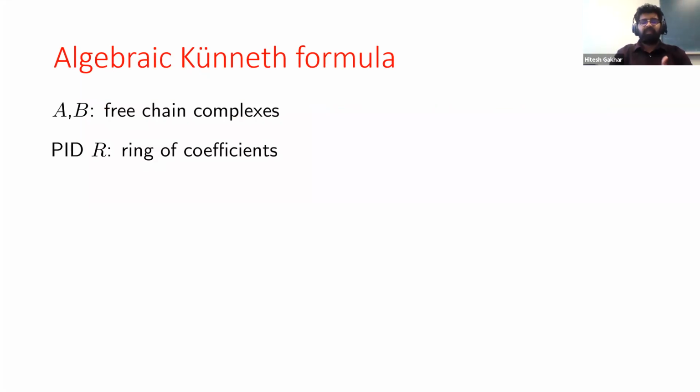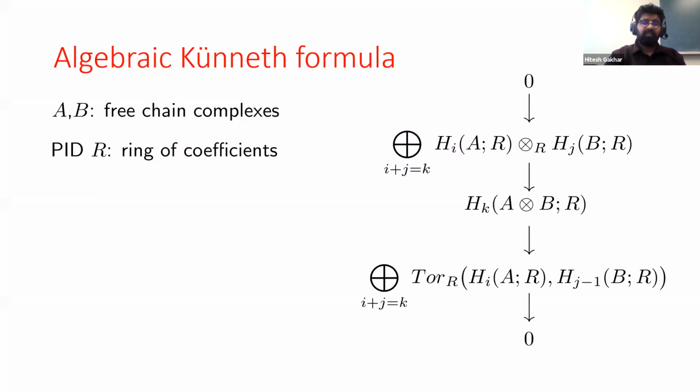So let's start with the classical Künneth formula. The first thing we have is the algebraic Künneth formula, which essentially says that if you have a PID R as the ring of coefficients, and if you have two free chain complexes, then there is a short exact sequence involving the tensor product of the chain complexes, the tensor product of the homology of the chain complexes, and their Tor.